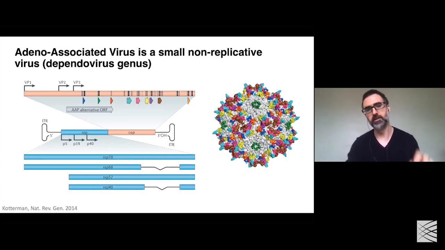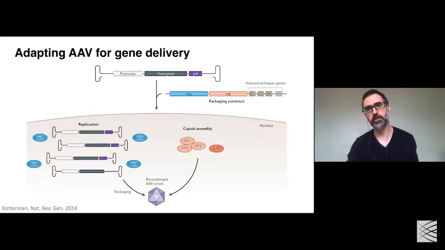It's packaged with inverted terminal repeats at the ends of the genome. To make it useful for gene therapy, you take the viral genes outside of those ITRs, and you put in your transgene with a promoter to express it. Once the transgene is packaged within the capsid, you deliver those capsids to patients, and it will then deliver the transgene into the patient's cells. So that's how AAV is used today as a gene therapy vector.